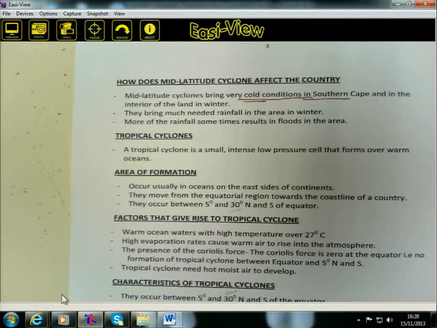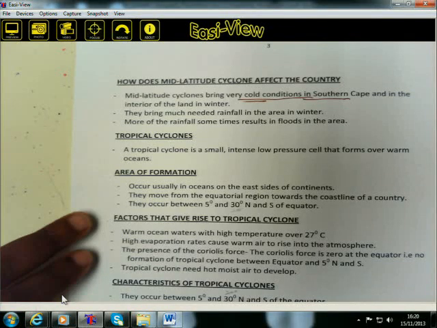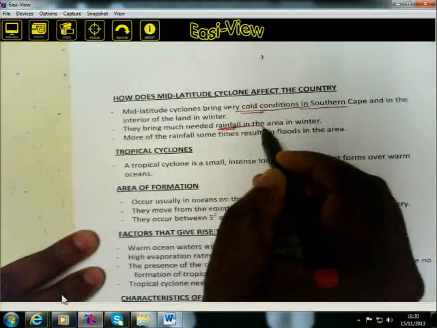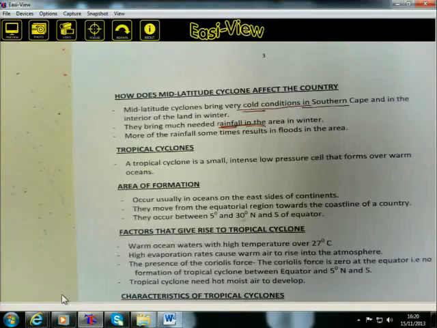They don't come dry, as we have seen that it's in the cold front where we have the cumulonimbus clouds, where we are expecting heavy rainfall, meaning that the cold front in the southwestern Cape brings a much needed rainfall in winter. To the farmers of the area, it brings joy. To the people of the area, it brings life.